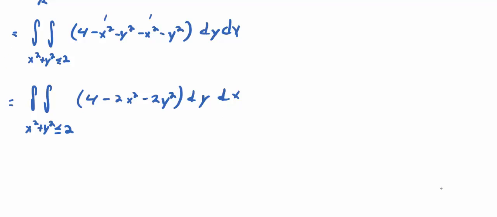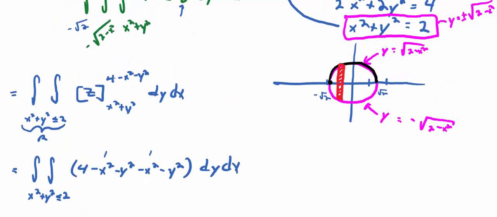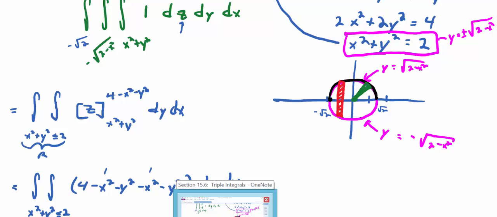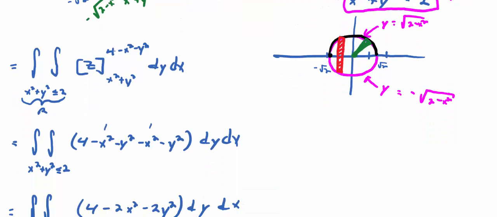Switch to polar. So if you want, you can go back up and look at that circle and switch to a representative sector to make your life a lot easier. You can just use a spoke if you want. Make a line from 0, 0 to the edge of the circle that covers your entire region that you're integrating over.